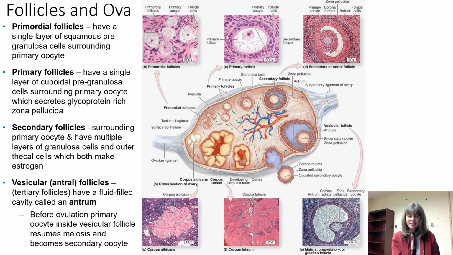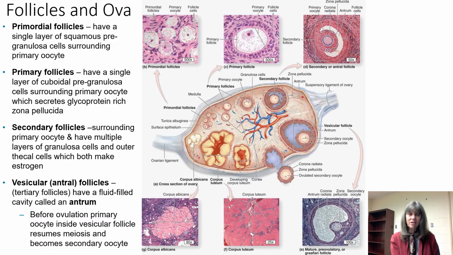When puberty occurs, a select few of those primordial follicles, approximately 20 in each ovary, will start to develop into primary follicles. And this development from primordial to primary will occur every month, where approximately 20 primordial follicles will develop into primary follicles in each ovary.